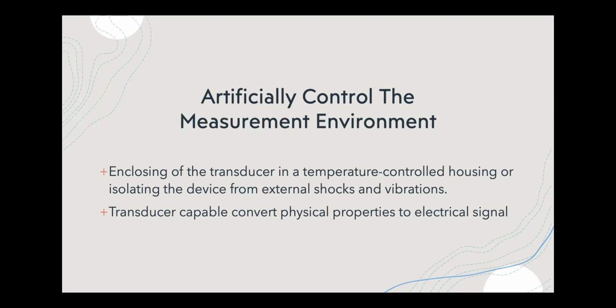So what we do is we enclose any electrical transducer, for example in a temperature control housing, and isolate the device from external shock and vibration. This is because we know that transducers are capable to convert any physical properties to electrical signal. So that's all for us.